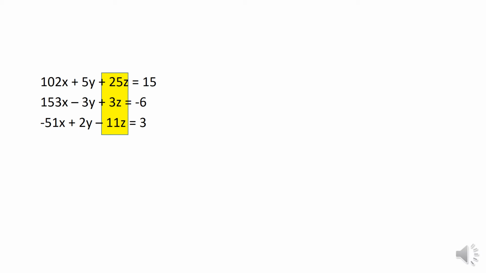And so then that -75z and that positive 75z will cancel each other out. But notice I would have to multiply both equations by a number then, and I don't want to do that. I want to be able to just leave one of these equations alone.